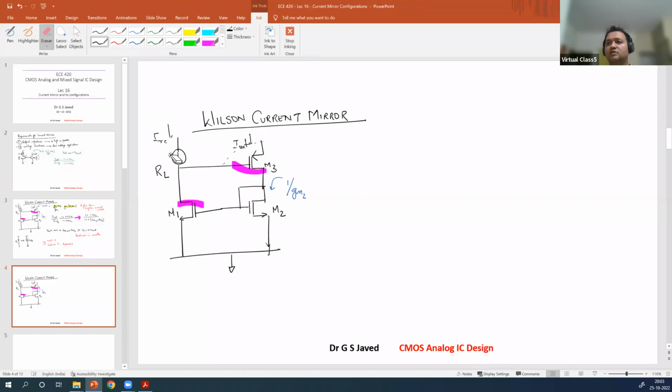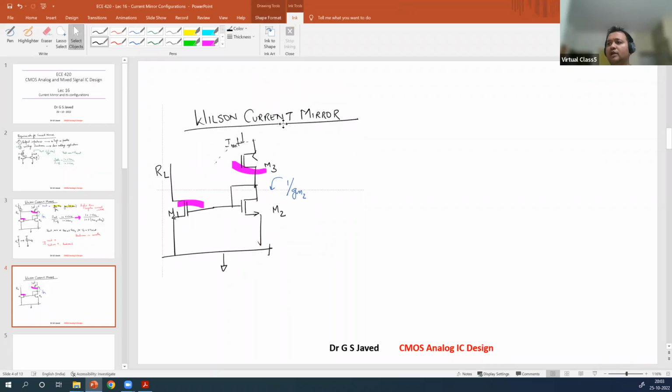So their proposal was, why do I leave this node hanging? Instead of leaving this node hanging, I will connect a diode structure here also, right? I will have a diode structure here also. In this case, I have an IREF here, I have I out here.